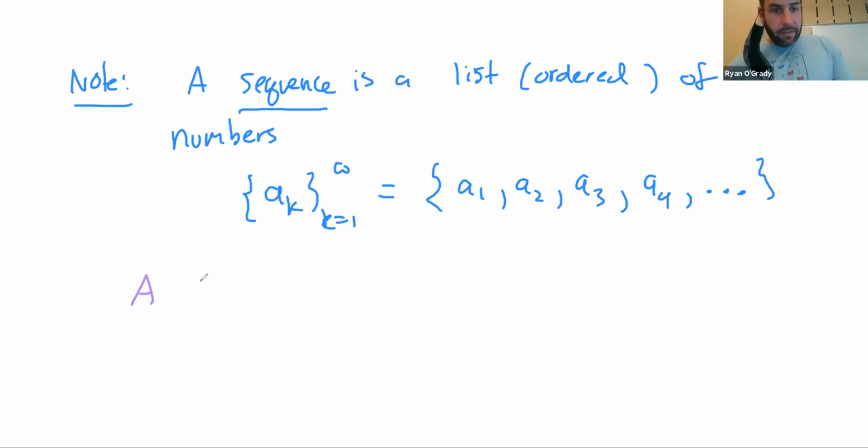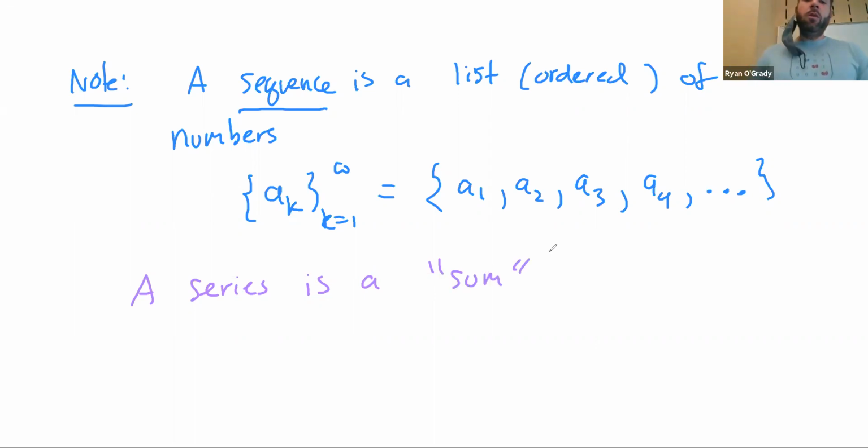A series is a sum, and I'm going to put sum in quotations because it's not a traditional sum because it's infinite, but it is a sum. So that means it looks like this.